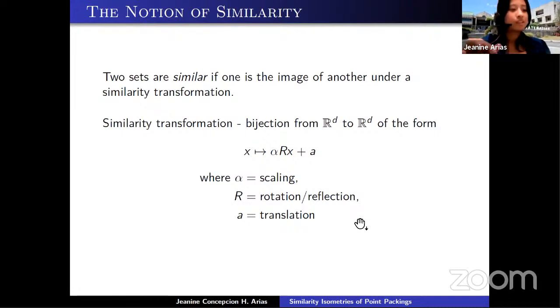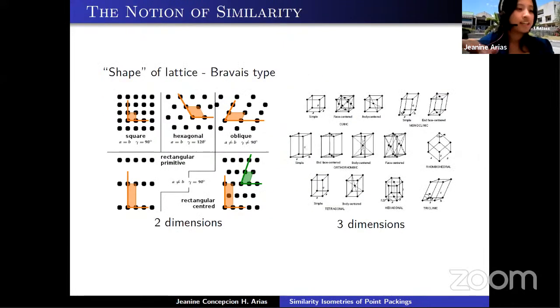In other words, two geometric objects are similar if they have the same shape, but not necessarily the same size. For lattices, the shape of the lattice is described by the Bravais type of the lattice. So here we have the Bravais types for two-dimensional and three-dimensional lattices.